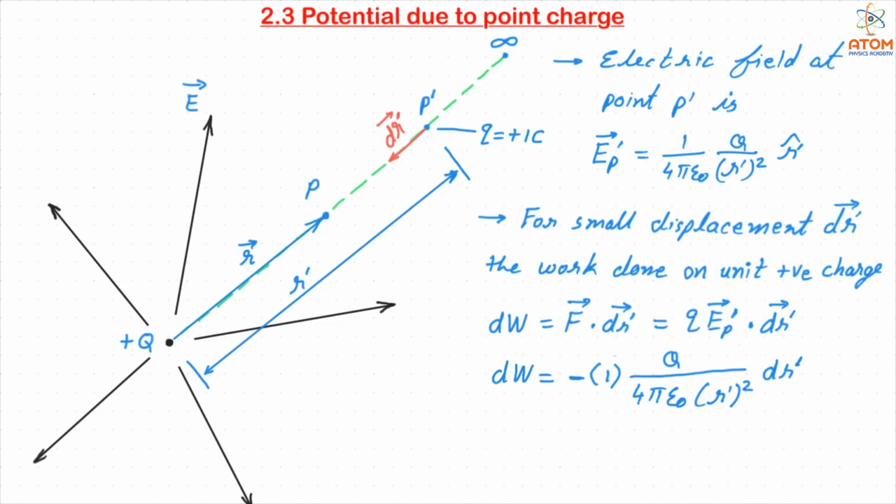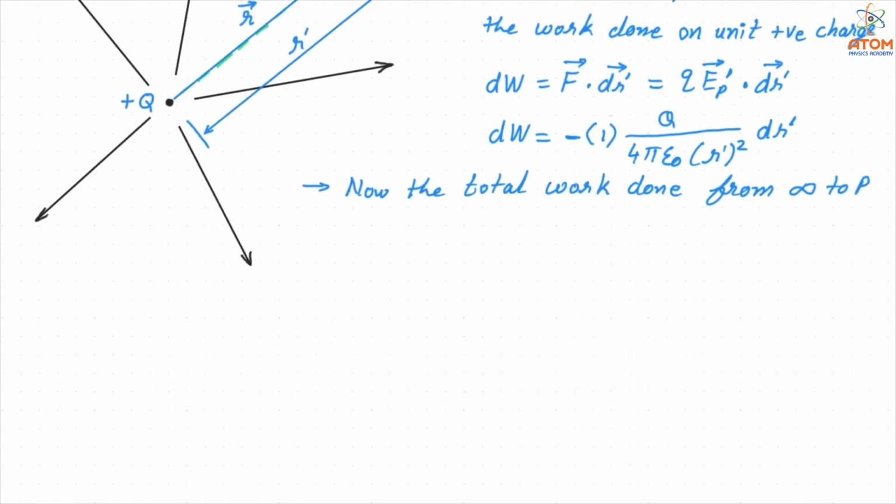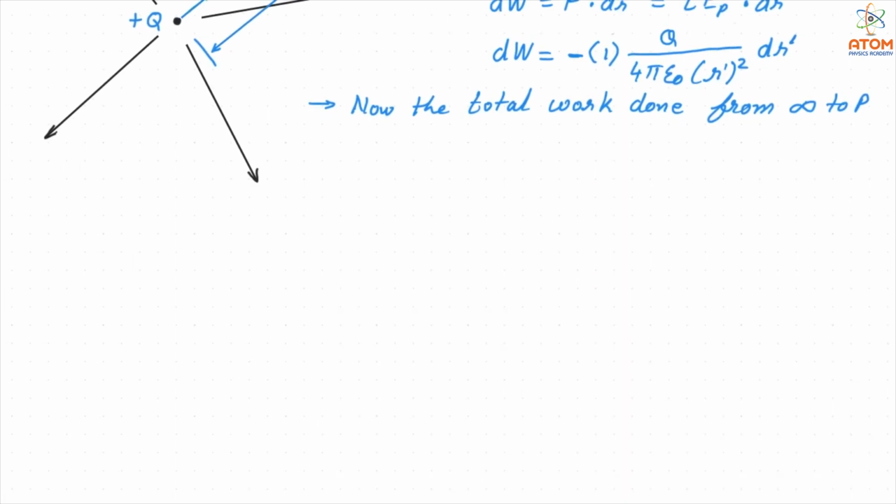But we need the total work. So for total work, now the total work done from infinity to P can be written as W is equal to integration from infinity to P of dW.